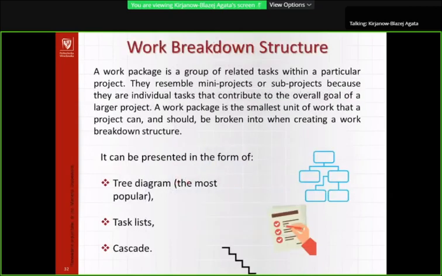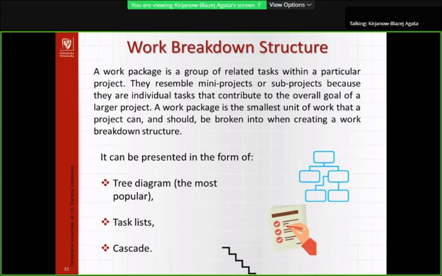A work package is a group of related tasks within a particular project. They resemble a mini project or sub-project because they are individual tasks that contribute to the overall goal of a larger project.